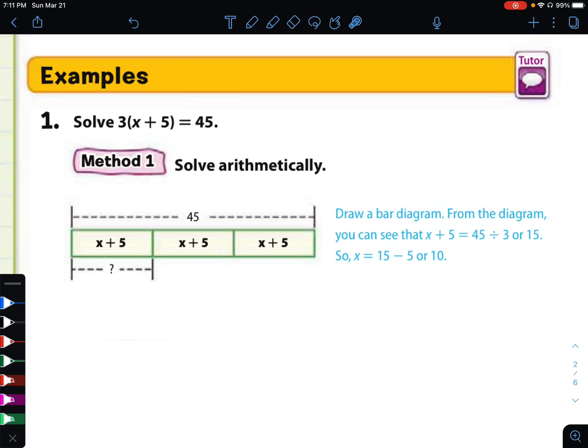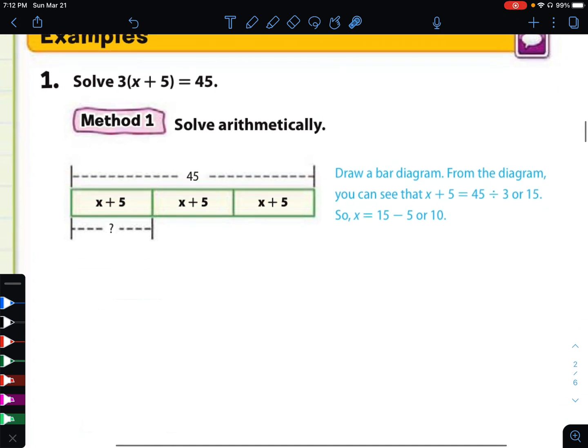From the diagram, you can see that x plus 5 equals 45 divided by 3, or 15. So x is 15 minus 5, or 10. This is 45, that's what it equates to. This is 3 times (x plus 5).